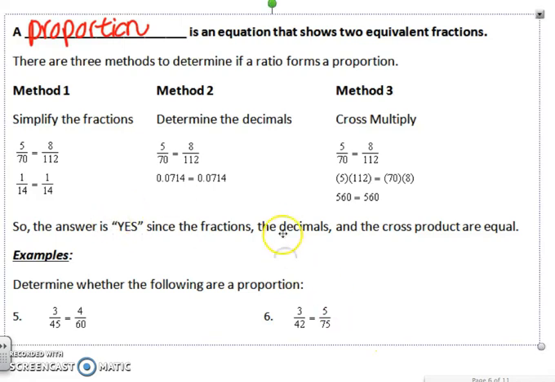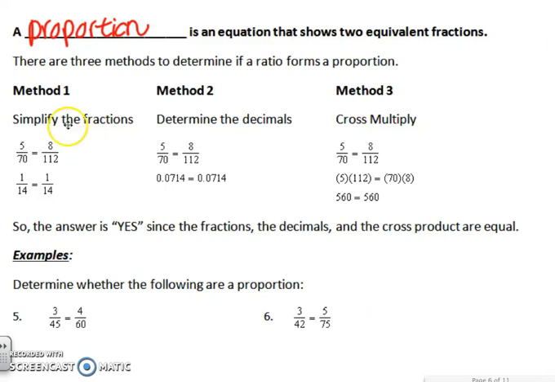One method of comparing proportions is to look at both fractions and simplify them and see if you get the same thing. That means something is proportional. Same thing, if you don't like fractions, turn them into decimals, and if you get the same thing, then they are proportional. Last thing you could do is cross multiply. If you multiply across and you get the same thing, that also verifies that something is a proportion.